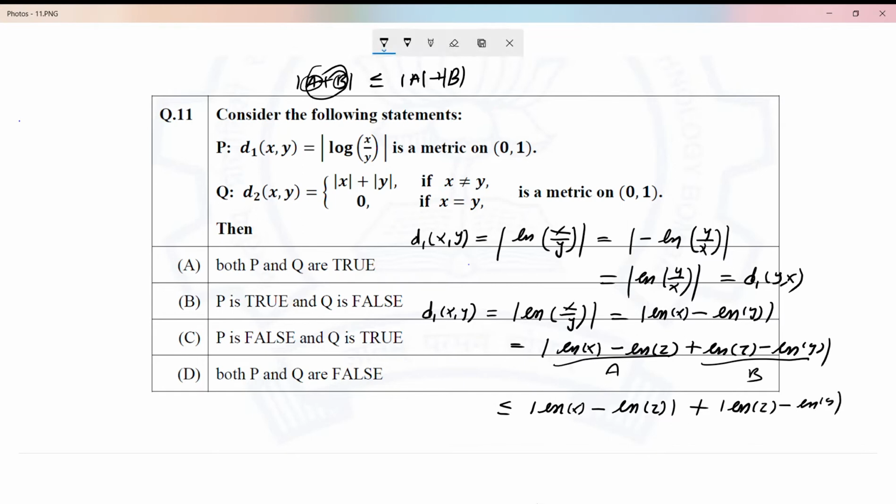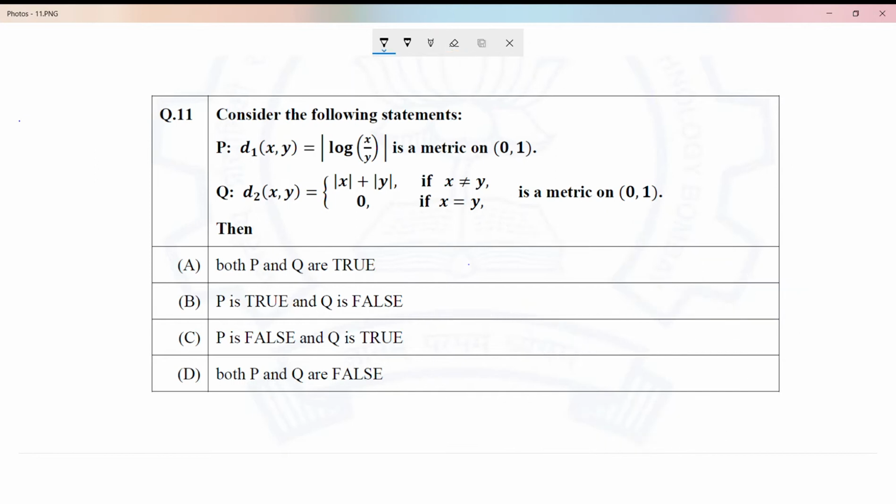So this is less than or equal to d1 of x, z plus d1 of z, y. So the triangle inequality is also satisfied for this. So we can say that d1 is a metric on this interval.